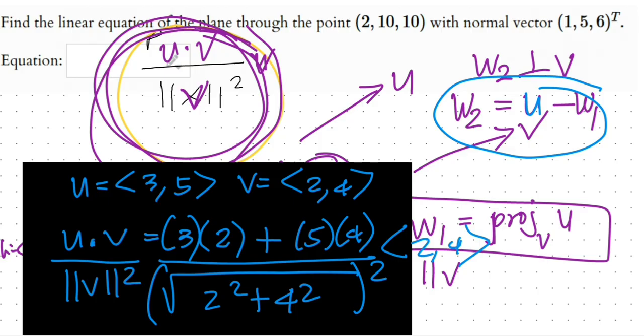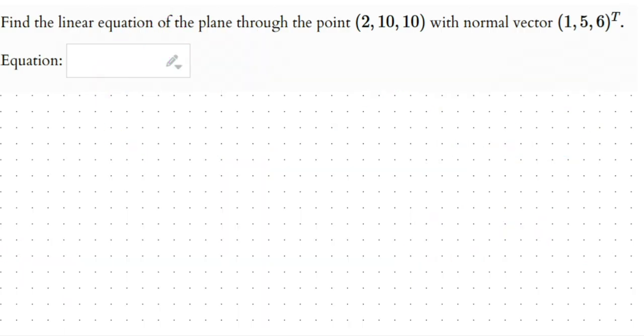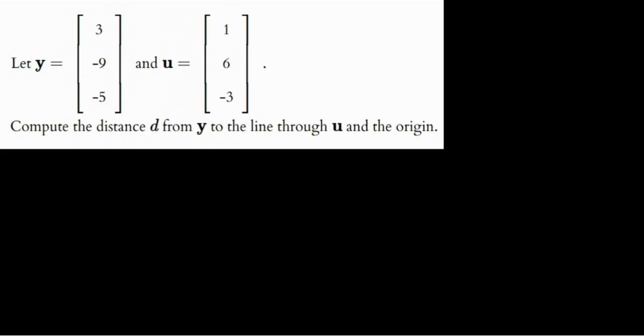All right. So, okay, let's solve the other problem, the last one. Can you please clear the board? The other one is complicated. So let y equal this matrix, and u. Compute the distance d from y to the line through u and the origin.